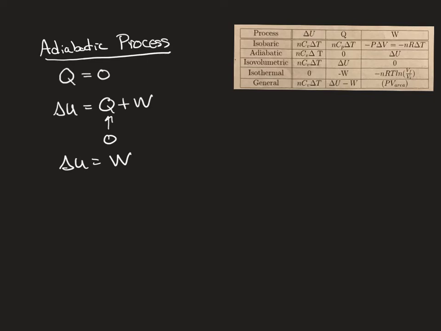If we go up to our table up in the corner for adiabatic, for change in internal energy, we're going to use the same relationship as before. This means that during an adiabatic process, the temperature can change still.